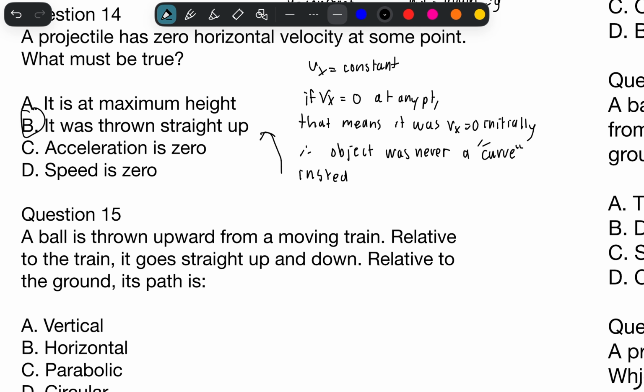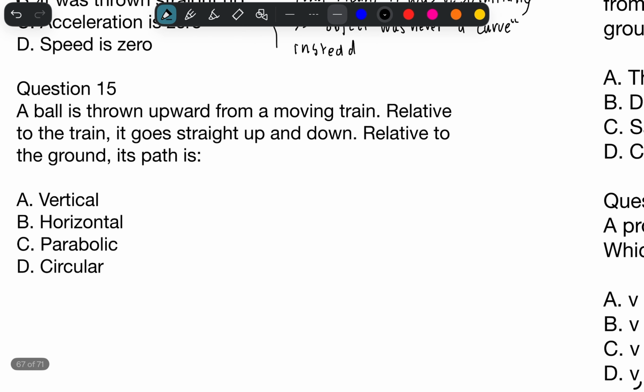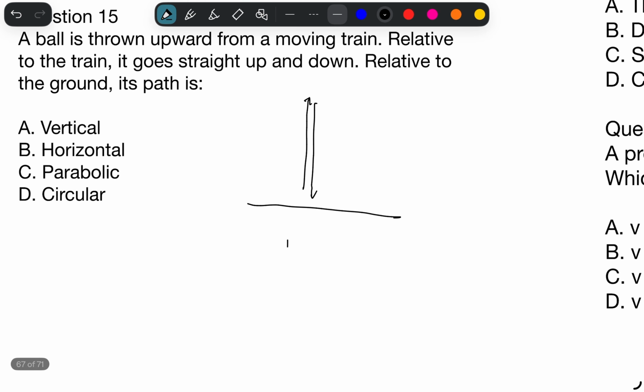because your horizontal velocity can't change unless it was 0 from the start. A ball is thrown upward from a moving train. Relative to the train, it goes straight up, and then down. Relative to the ground, its path is going to be what? So we're going to have the train, right? And our train is going to give the ball horizontal velocity.